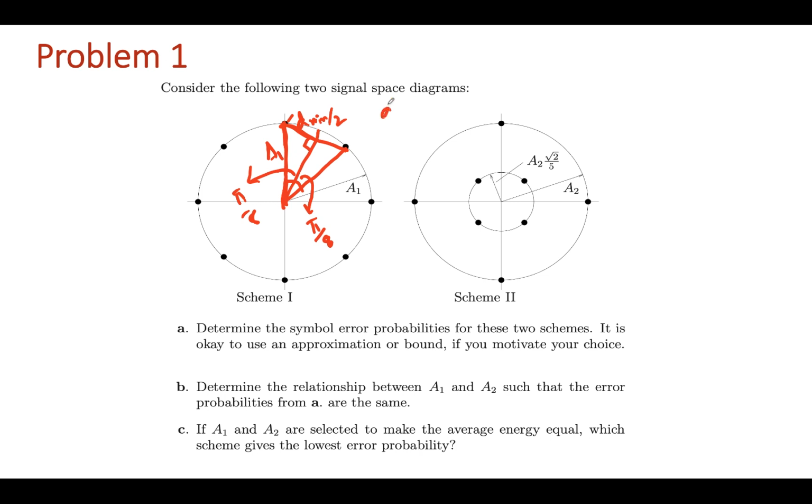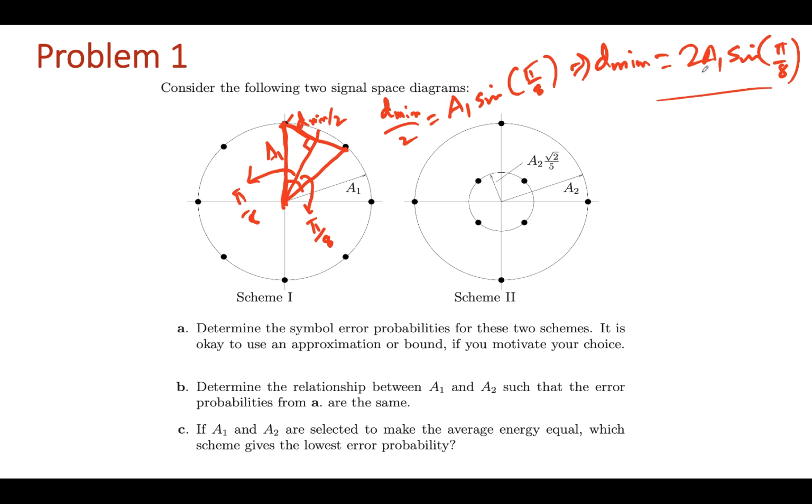So basically d min by 2 is a1 sine pi by 8, and therefore your d min is twice of a1 times sine pi by 8.